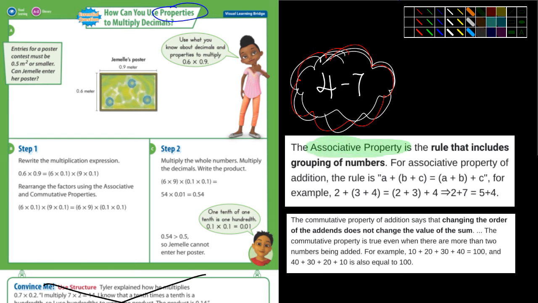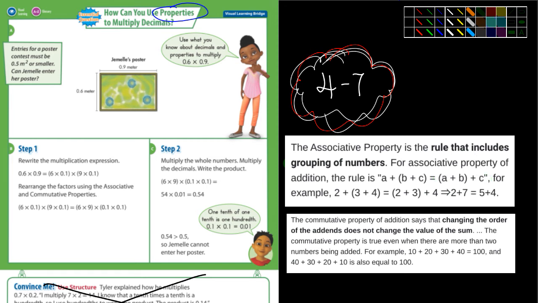Associative property has to do with grouping. And so here's an example. Here's an algebraic example. A plus, and then B plus C in parentheses is the same as, in parentheses, A plus B plus C. They just changed where the grouping symbols are.